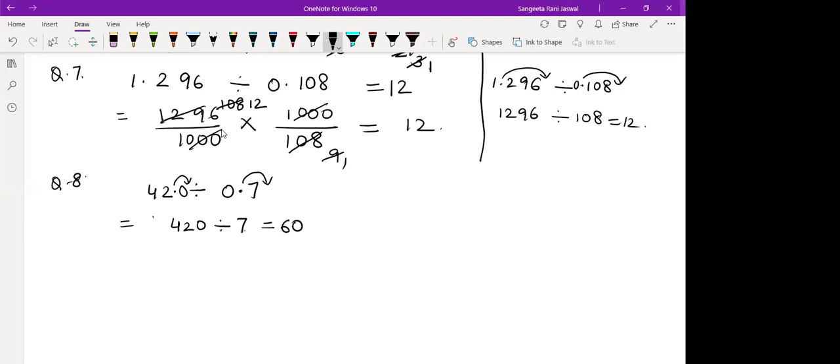You understood this? We are just shifting the decimal point one place because these were small numbers. Let's take another question like this: 441 divided by 0.29. Now there are 2 decimal places. So what will you do in this case?